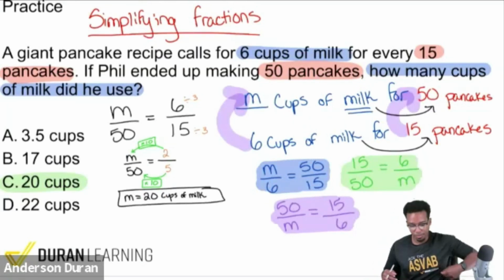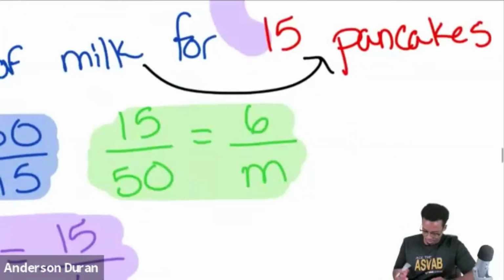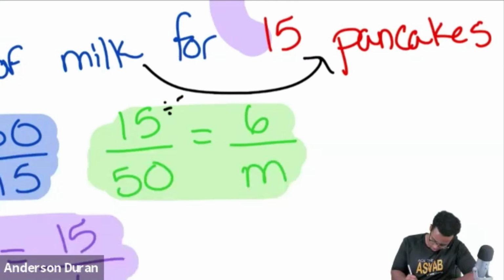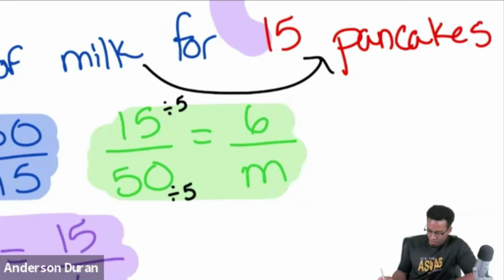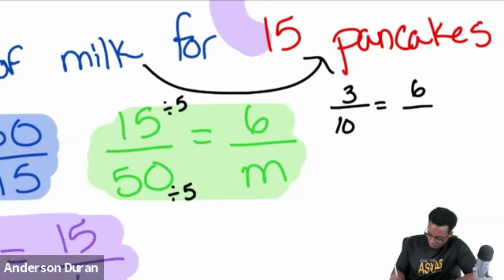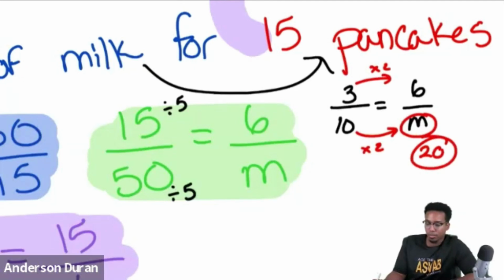Because the whole time I'm sitting there like, okay, am I doing this right? I second guess myself. I got to the answer, but I don't feel sure I'm putting in the equation properly. Yeah, so right here, when you did the 15 over 50, you divided them both by 5, and you ended up getting 3 over 10 equals 6 over m. And you're basically saying, okay, 3 times 2 is 6, 10 times 2 is 20.